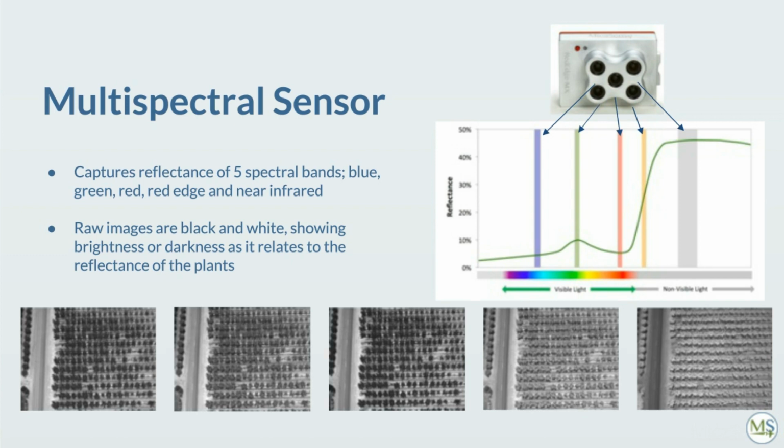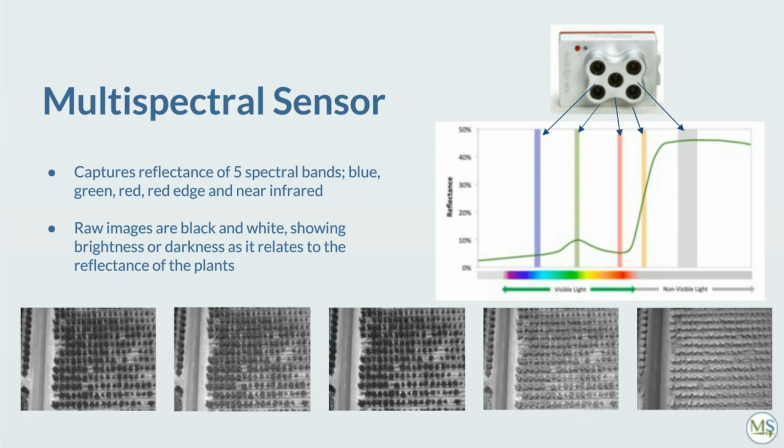Something's going on there physiologically. So the images below are kind of interesting. They're the raw images from the camera, unprocessed images, and you can see that they're all grayscale. So they're all just black and white images. All we care about is how light or how dark they are in those positions to better understand the reflectance, which in turn allows us to better understand the physiology of the plant.